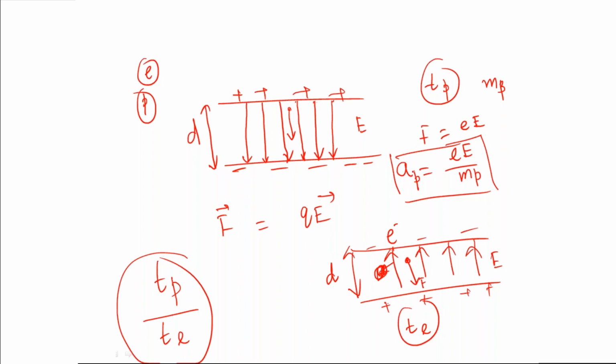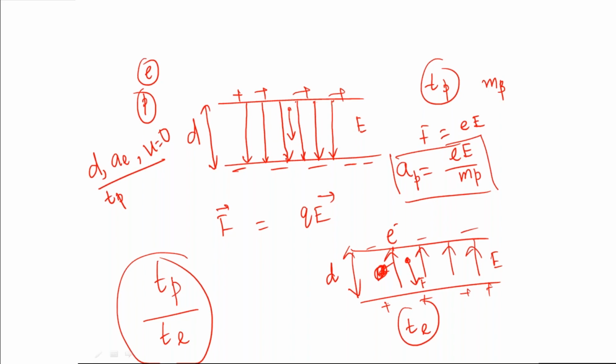Now you know the distance or the displacement, you know the acceleration, and suppose the proton started from rest, that means initial velocity was 0. Can you find out the time tp taken by this proton to come down from here to here?